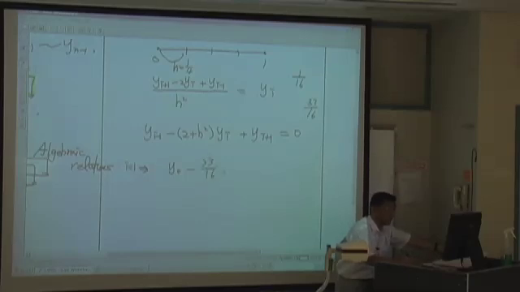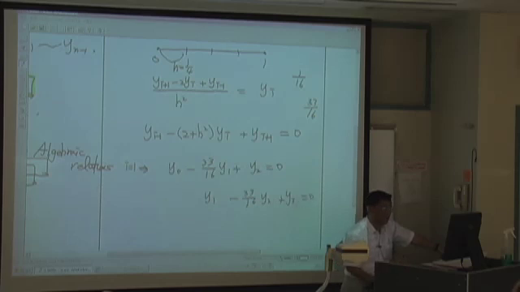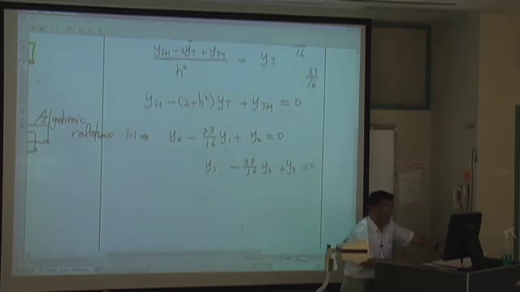33/16 y1 plus y2 equals 0, and same thing, y1 minus 33/16 y2 plus y3 equals 0, and then finally y2 minus 33/16 y3 plus y4 equals 0.